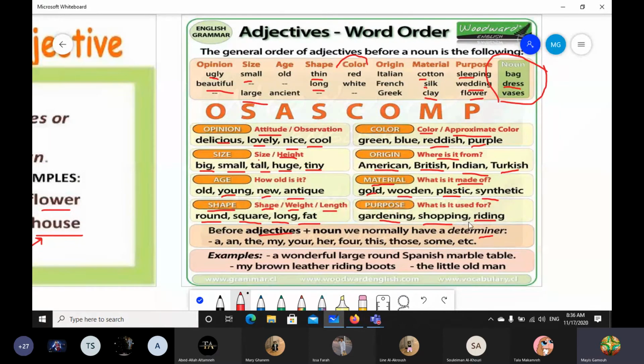So these are determiners, and we have the right to use them before our adjectives.